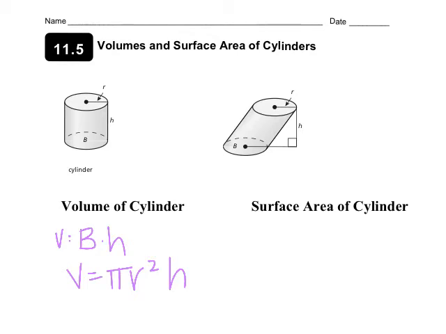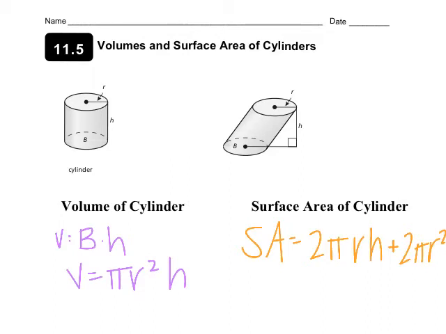All right. The surface area of a cylinder is, all right, get ready, 2 pi RH plus 2 pi r squared. So 2 pi RH plus 2 pi r squared. Okay, and that comes directly from the surface area of a prism too.